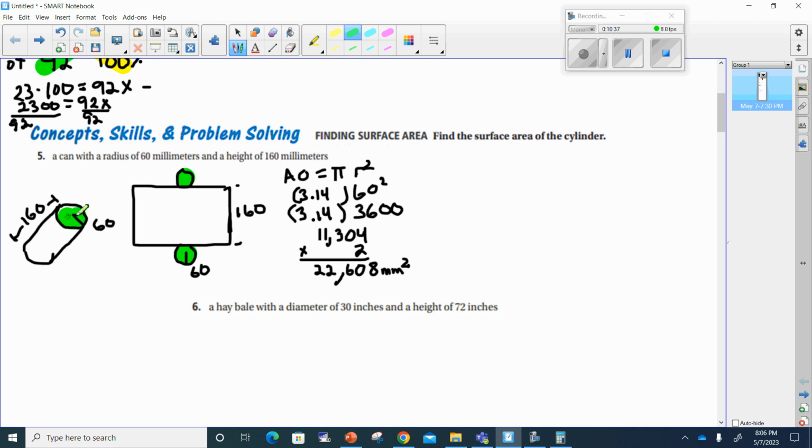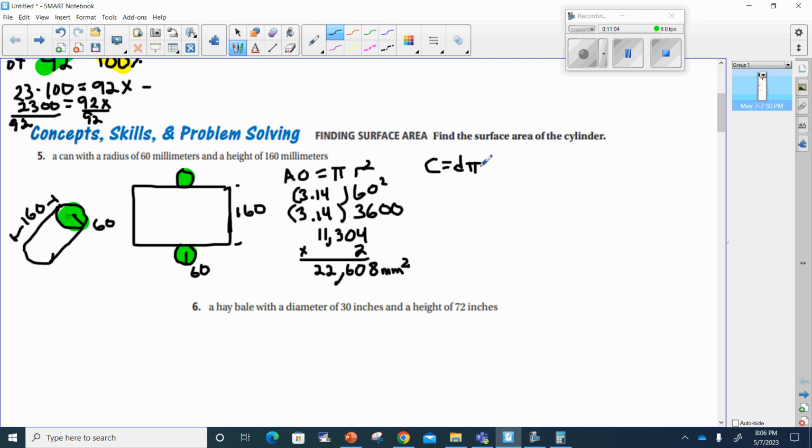There we go. So that means that this particular rectangle perfectly wraps around this circle. And if it perfectly wraps around the circle, then it is the same length as the circumference of the circle. So I can use the circumference formula, pi d.